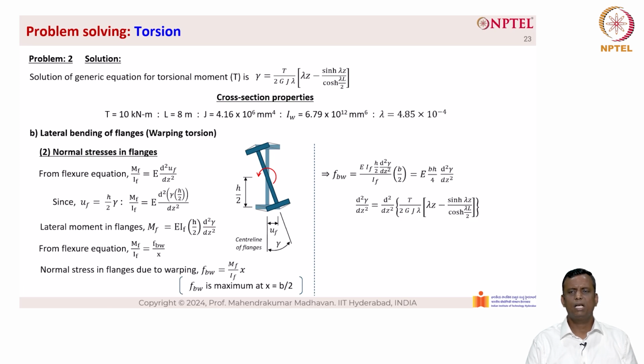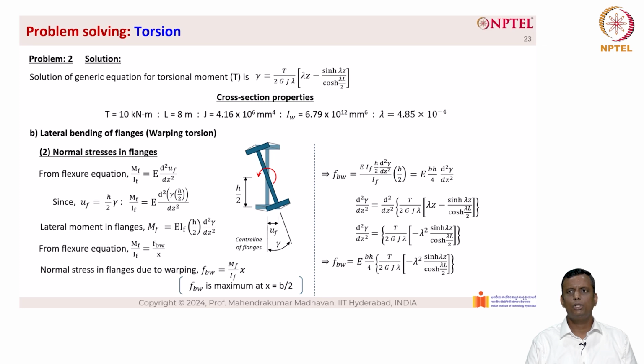We know that d²γ by dz² is given as d² by dz² into T divided by 2GJ into (λz minus sinh λz divided by cosh λL by 2). So now we have d²γ by dz² equal to T divided by 2GJ λ into minus λ² sinh λz divided by cosh λL by 2.